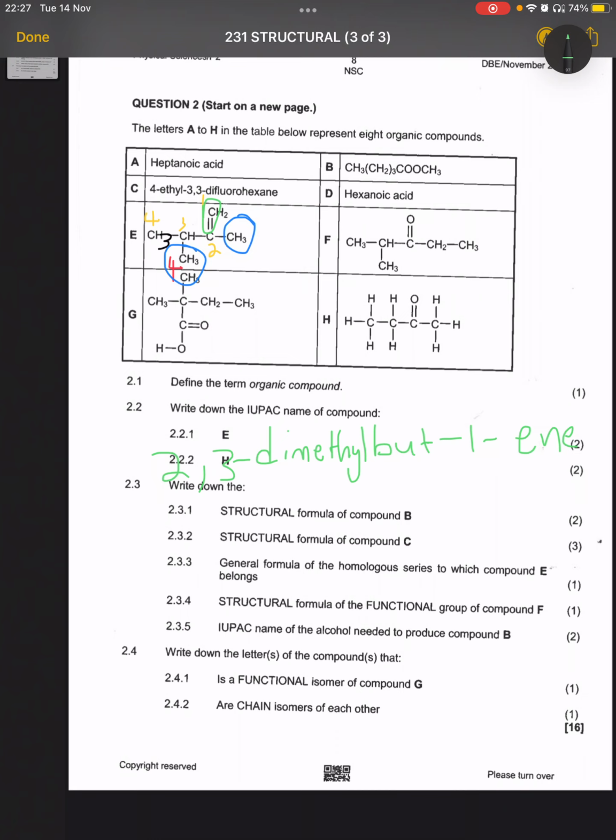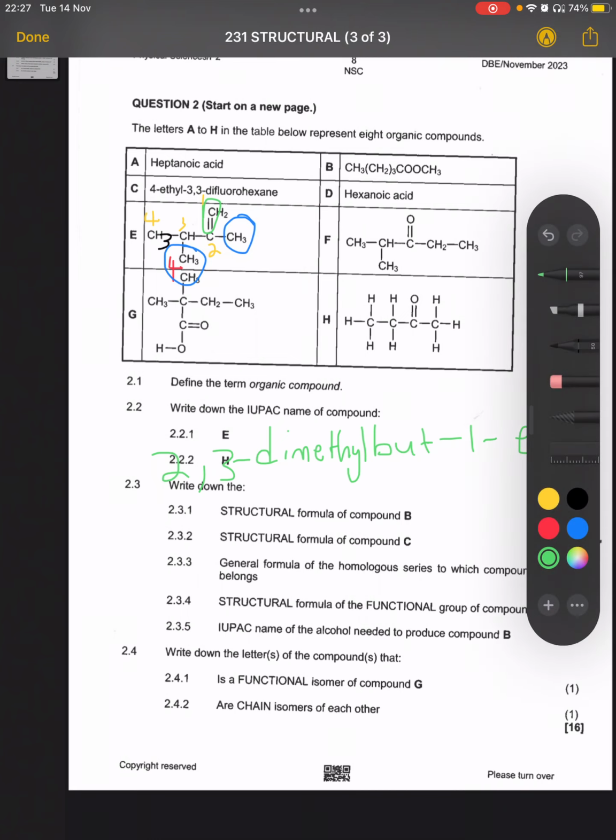Then for H, this is simple. The homologous series here is a ketone, and this ketone can be named with 2 names. We can either call it butanone or 2-butanone.